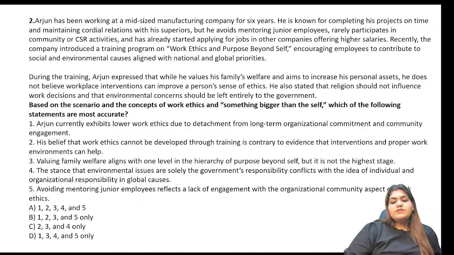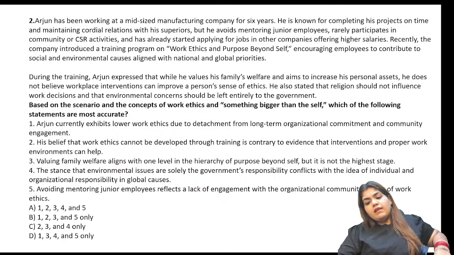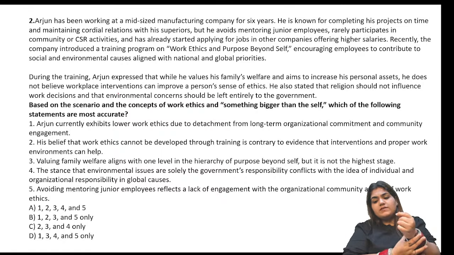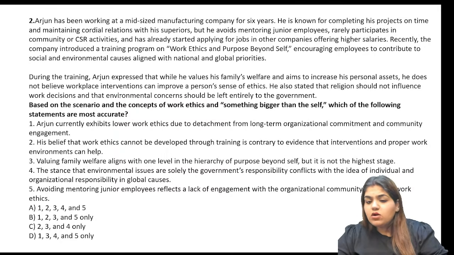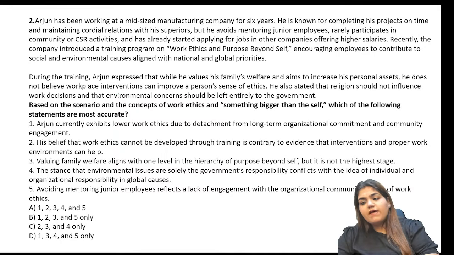Arjun currently exhibits low work ethics due to disattachment from long-term organizational commitment and community engagement. Yes. His belief that work ethics cannot be developed through training is contrary to the evidence that interventions and proper work environment can help. Yes. Valuing family welfare aligns with one level of the hierarchy of the purpose beyond self, but it is not at the highest stage. Yes.